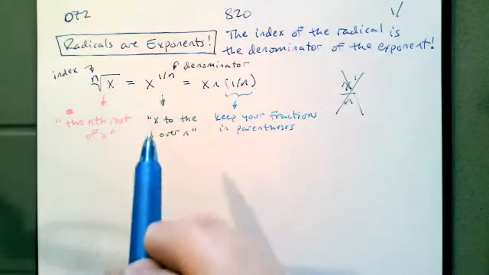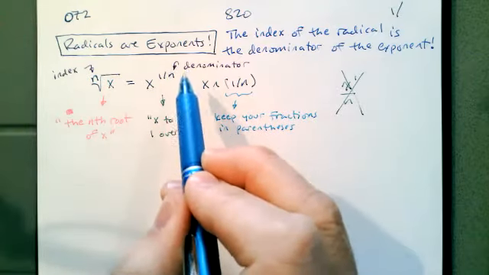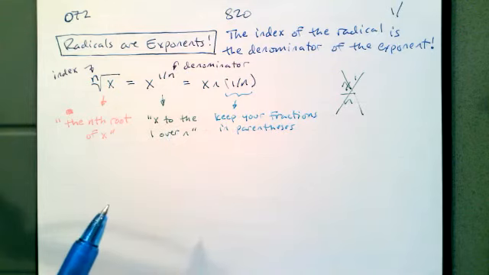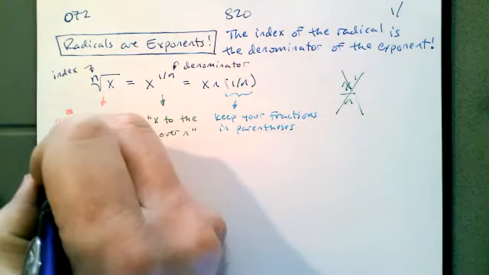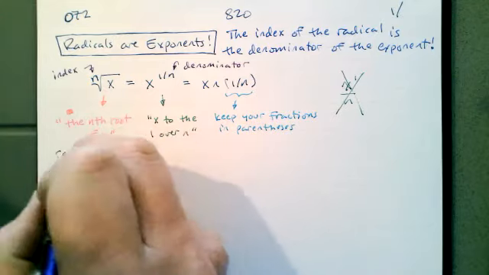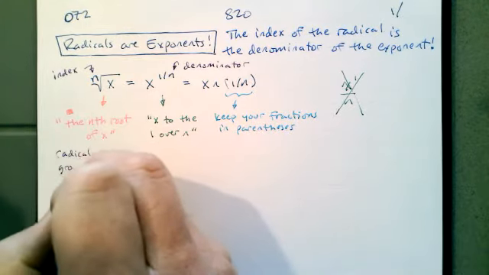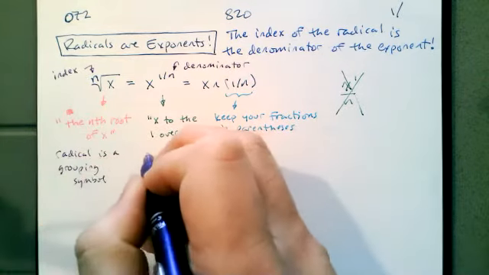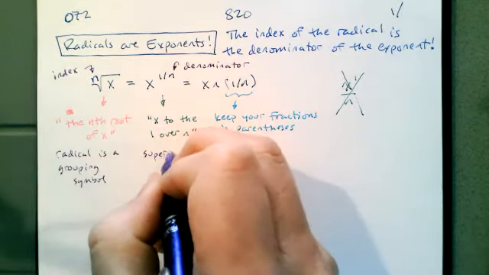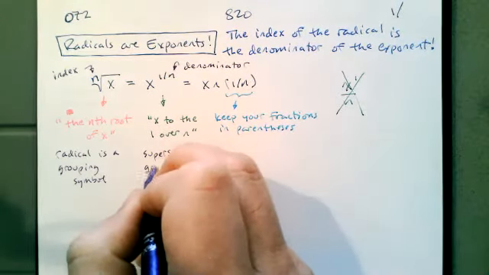Just like the horizontal bar of the radical acts as a grouping symbol, the superscript is also acting as a grouping symbol.